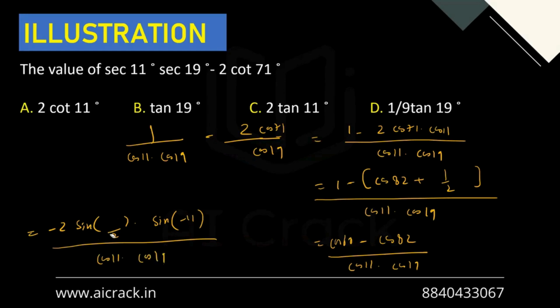Now this becomes 71, and this minus sign cancels out this one. So we'll be getting 2 sine 71 dot sine 11. Now sine 71 and cos 19 are same, so we can cancel these out. Now we are left with sine 11 divided by cos 11 with a 2 over here. So we'll be getting 2 tan 11 as the answer. So C is the correct answer.